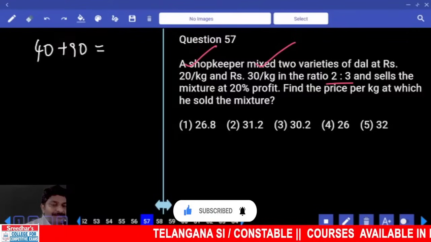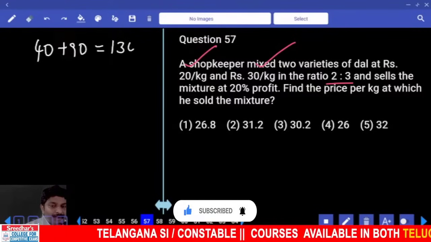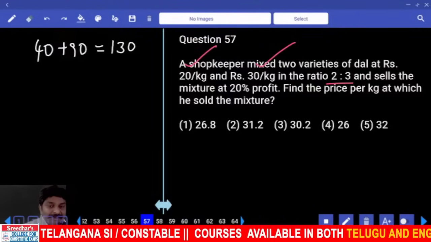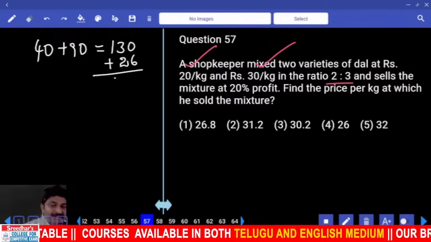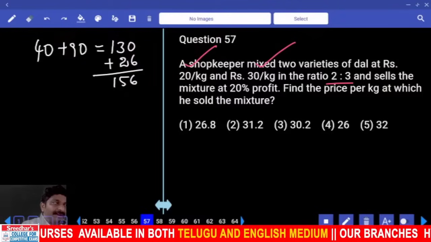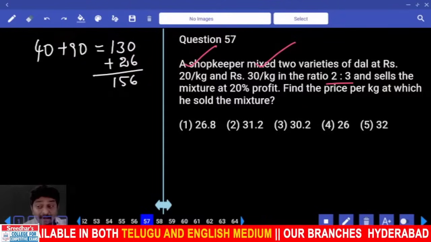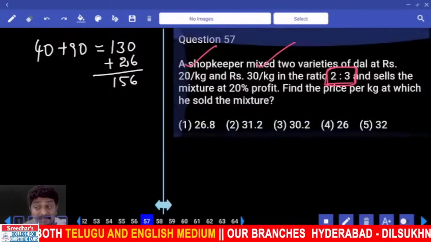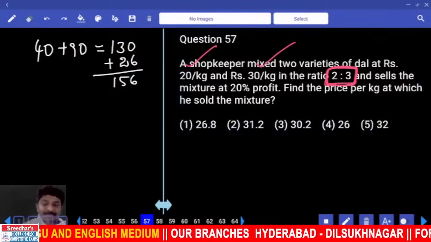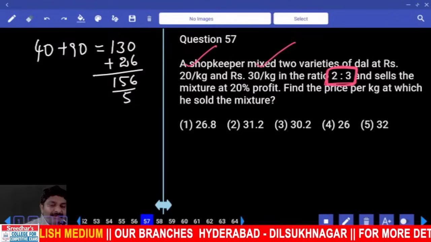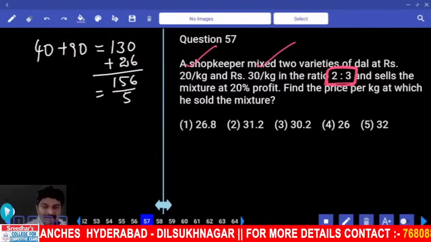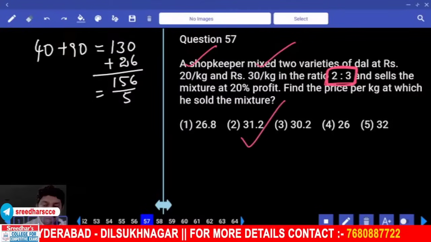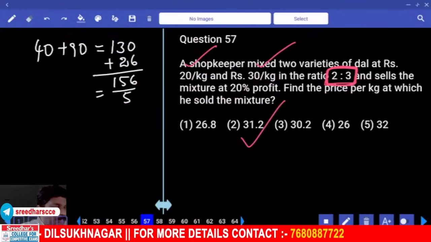So total cost price is equal to 130 and we are expecting 20% profit. 20% profit will be 26 rupees. So you have to get 156 rupees. By selling how many kgs? Then per kg that will be equal to 156 divided by 5. That is equal to 31.2.